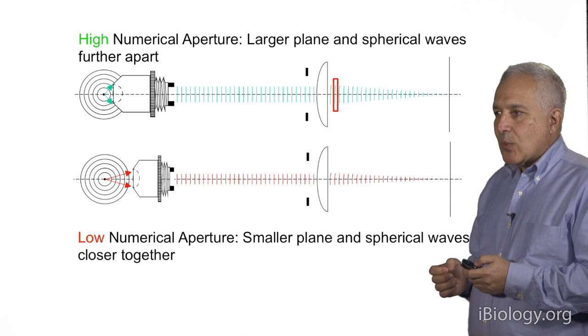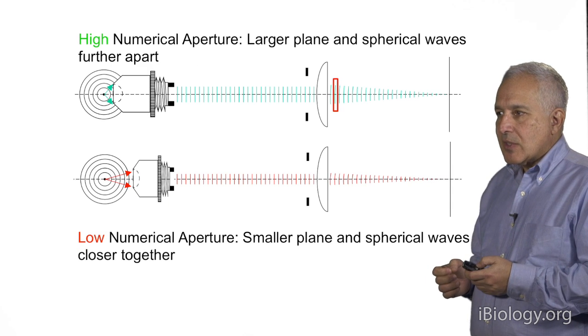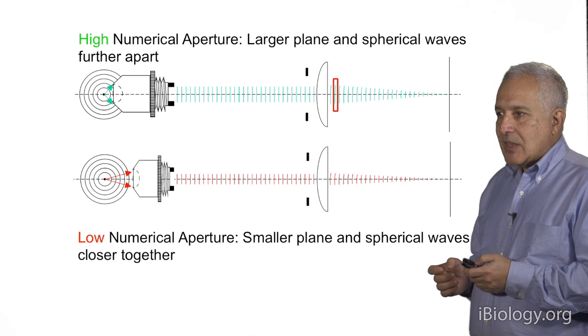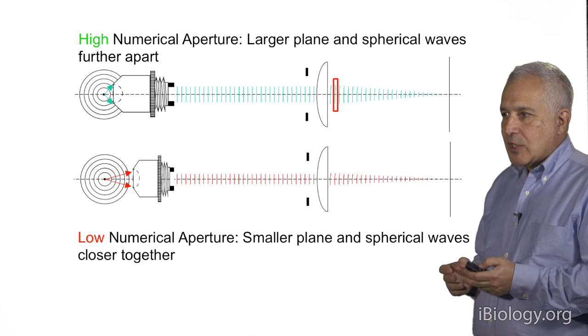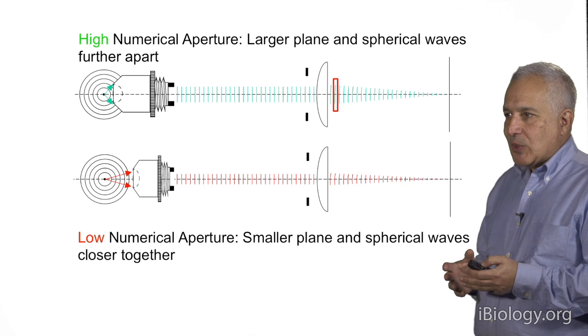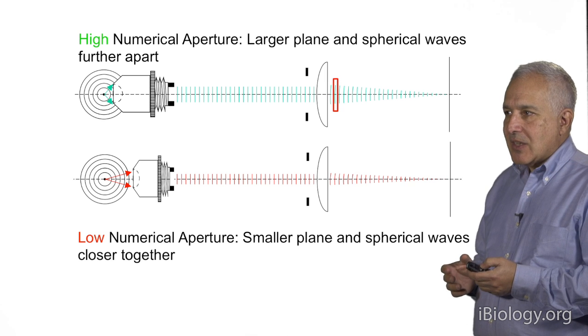And we have to go back to that wavelet picture and look at the difference on the top between a high numerical aperture objective and on the bottom a low numerical aperture objective. So in both cases we have a wavelet generating light, and you see you're collecting a greater portion of that spherical wave with the high NA lens.